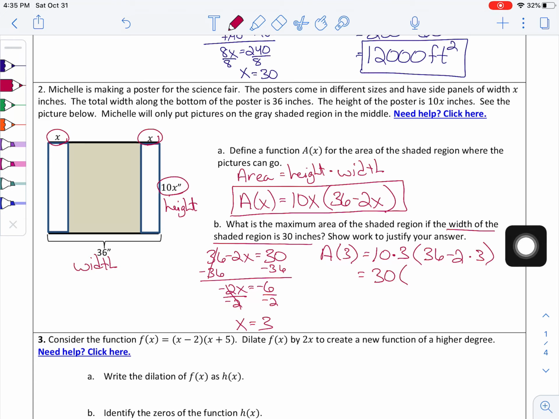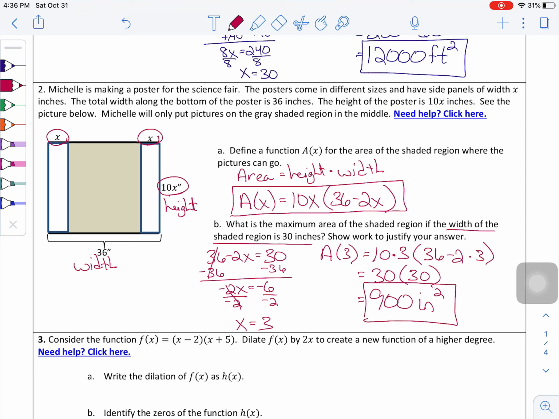And then inside the parentheses, you've got to do multiplication first. So 2 times 3 is 6. So 36 minus 6 is just 30. So 30 times 30 is, I'm pretty sure it's 900. Yep, my calculator is clarifying that for me. So 900, and everything in this problem was in inches. Area is squared. So 900 inches squared for the shaded region.